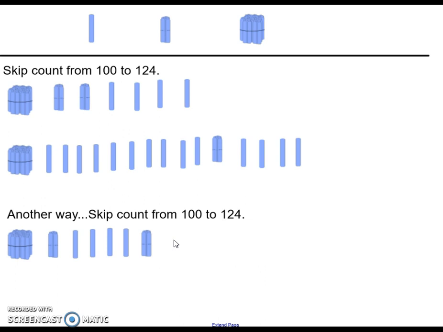Now, the most efficient way, however, is to start with your largest and then go down to your smallest, as we did in the first example. So today, you will be drawing a number, and then you will be showing me how you will count up to the next number.